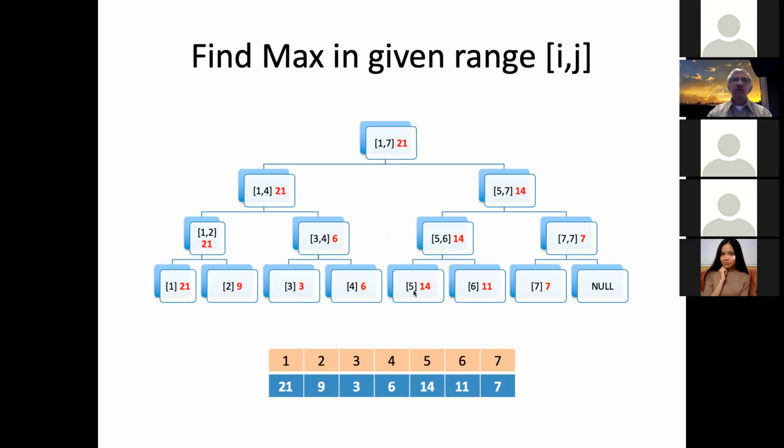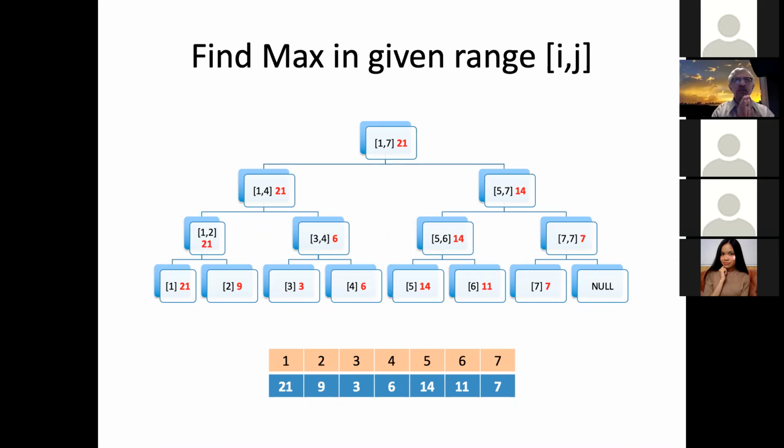So let's say we want to do 2 to 3. If I just want to go 2 to 3, what do I do? I start over here. 2 to 3 is completely contained in 1 through 7. Is it contained in 1 through 4? Yes. So 2 to 3 is contained in 1 through 4, so we forget about the right side now.